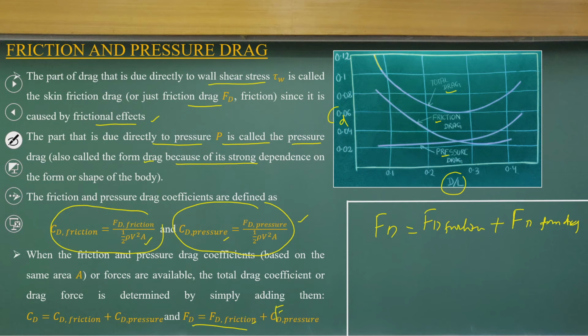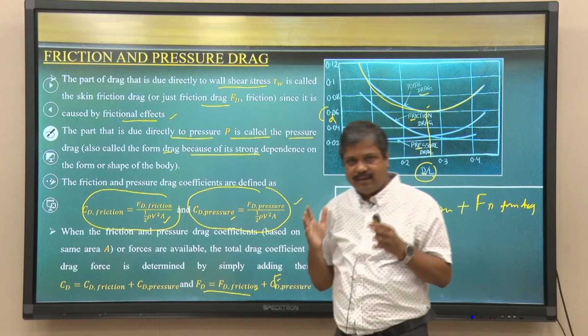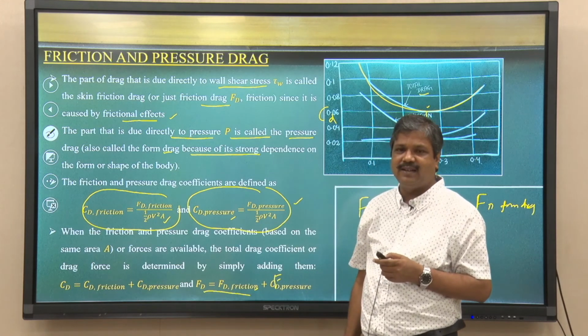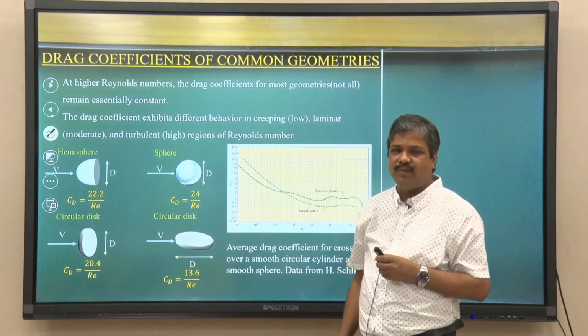The total drag has a minimum point, a ratio between D and L where the total drag is minimum. We consider this type of design when we try to design an object.